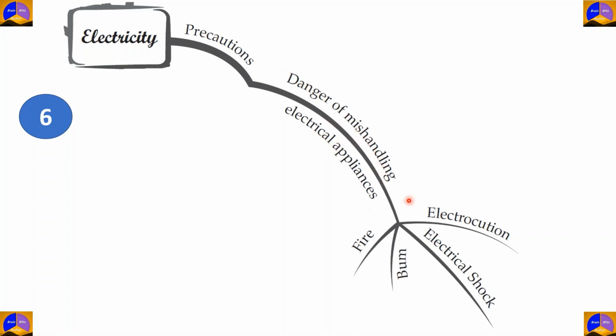If we mishandle electrical appliances, we are at a risk of fire by short circuiting, burns, electrical shock, electrocution, etc. Therefore, it's very important to take precautions such as using rubber gloves while working with electrical gadgets and using earthing wires, fuses, etc.